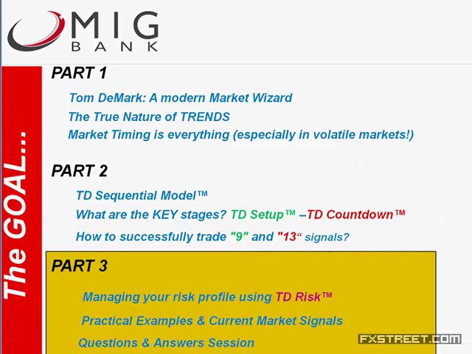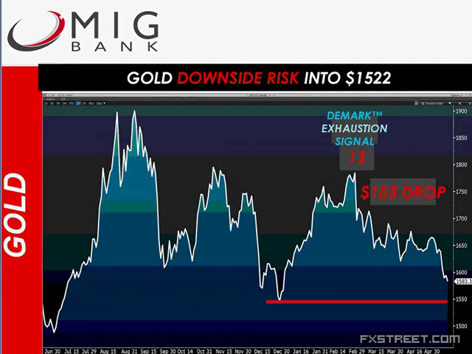And the final charts I'm going to show you are just here now. So one of the important charts I'm going to show you is gold downside risk as it approaches that target at 1522, and it shows you here a DeMark exhaustion signal appearing at one of the key peaks of February, just beneath 1600, 1610, which is a key level.